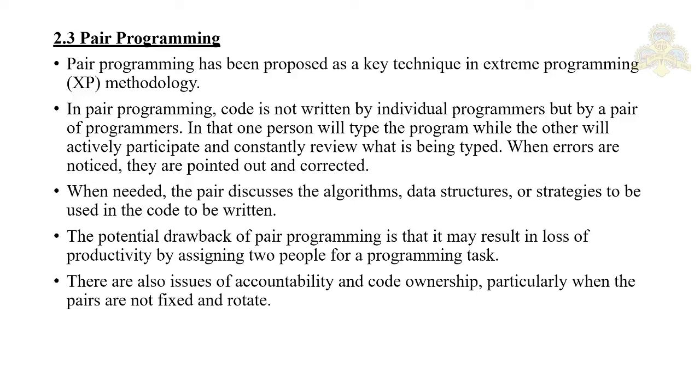Whenever one developer is writing the code, if any errors are noticed by the other person, then and there the error is pointed out and corrected. If needed, the two developers will discuss the algorithms, data structures, or strategies to write the code. Again, this role is rotated frequently.